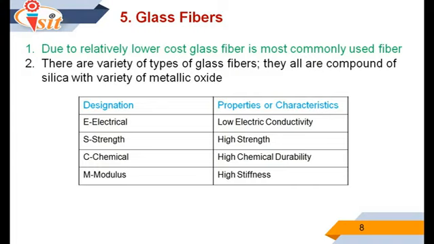So if you are using the composite structure in an application where chemical reactions are taking place, then C glass fibers are generally preferred because they have very high chemical durability.